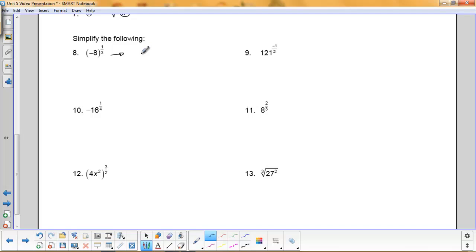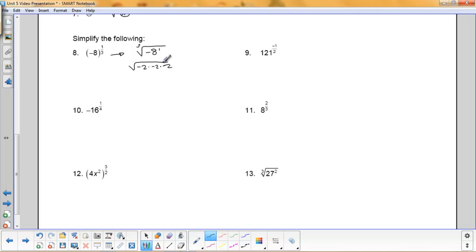And now what we're going to have here is the cubic root of -8 to the 1st power. Well, if I rewrite -8 as the same number 3 times, which is something we can get into the habit of doing here, it kind of helps us see how to do this. So I get -2 times -2 times -2.